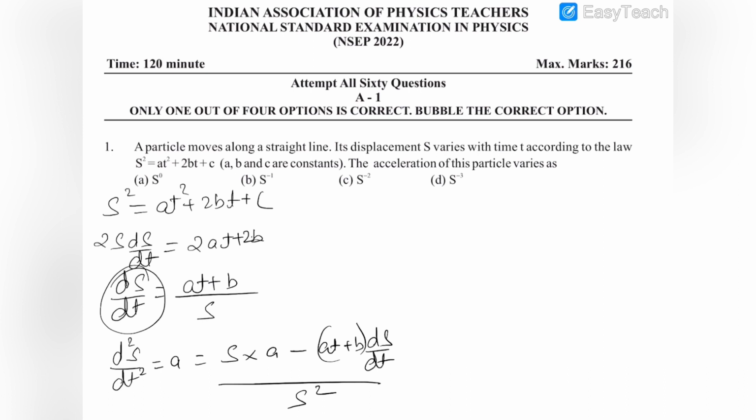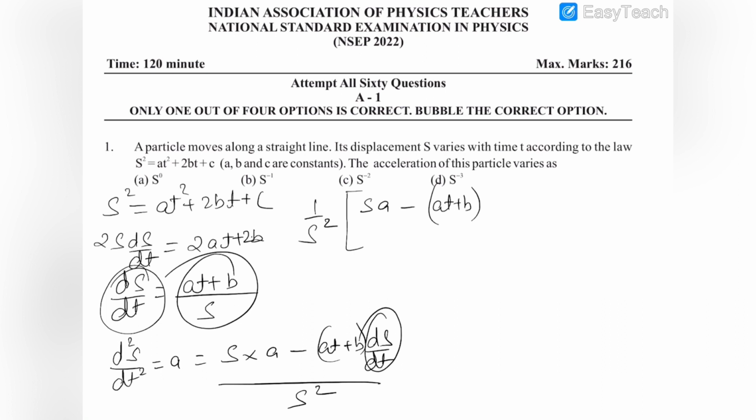If I take 1 by S square common, it would be SA minus AT plus B into ds by dt, and ds by dt is AT plus B divided by S. Now you can take LCM and write it as 1 by S cube into S square A minus AT plus B whole square.